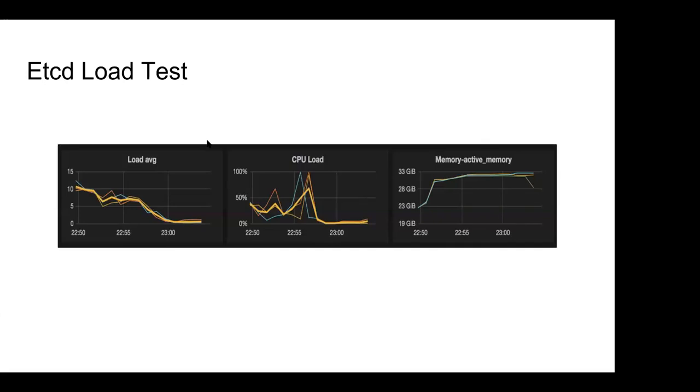For example, we even increased the payload to 1.5 megabytes, and then we realized that the only bottleneck was network out from the etcd cluster. The load and memory are still very reasonable, and the cluster is functioning just fine. I think that can easily be solved by adding more nodes to the cluster or using proxies. So we are very happy with etcd.